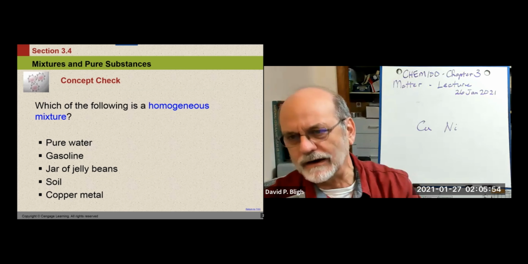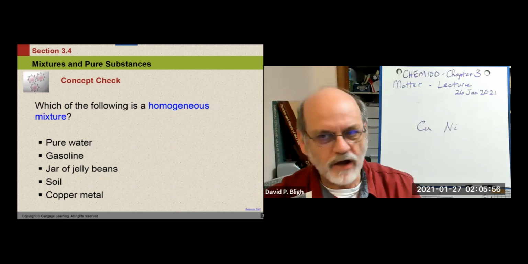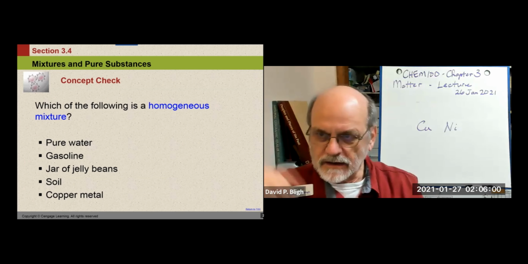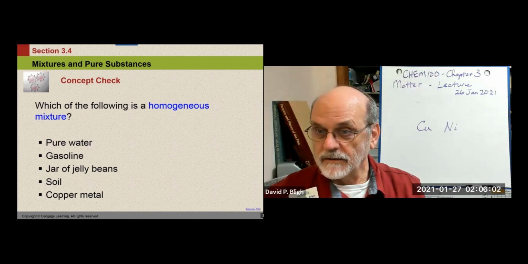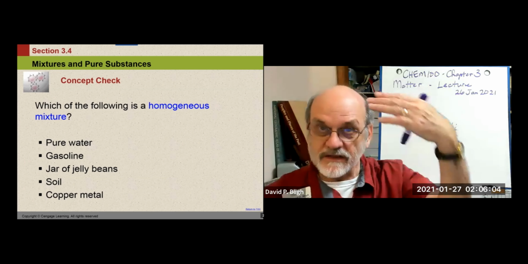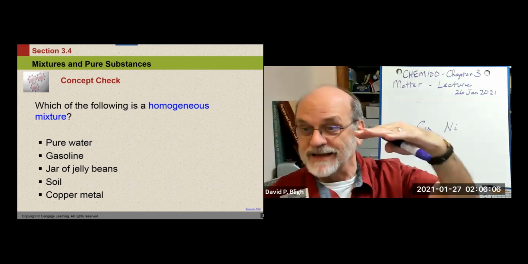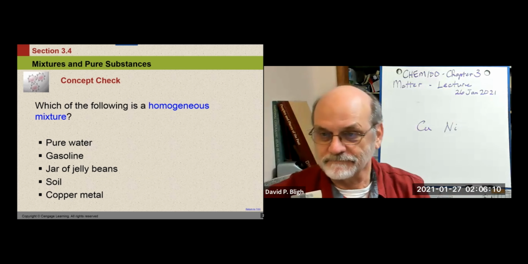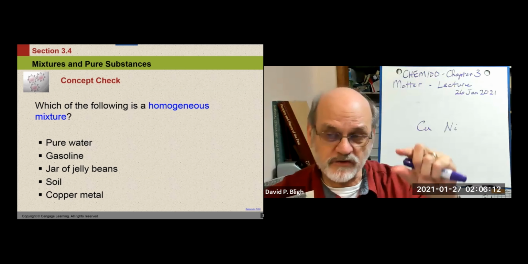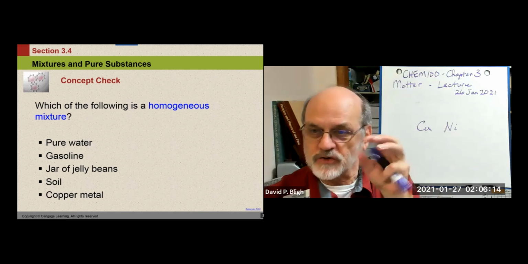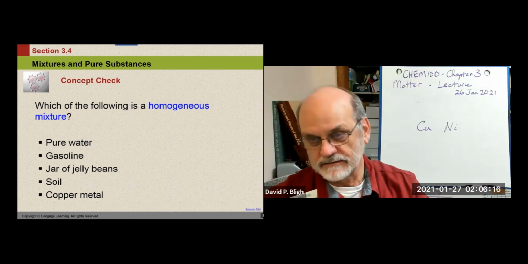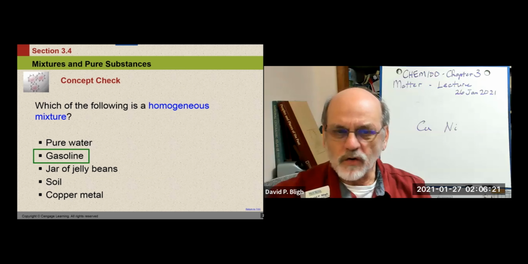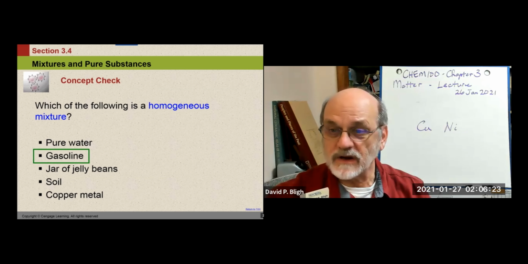Soils are heterogeneous. They're not a uniform mixture throughout. In fact, if you dig a pit and you scrape it smooth so you can see the various layers of soil, you see that the soil has stratified. And even within the strata, the mixture of particle sizes varies from place to place. So really the only homogeneous mixture in here is gasoline.